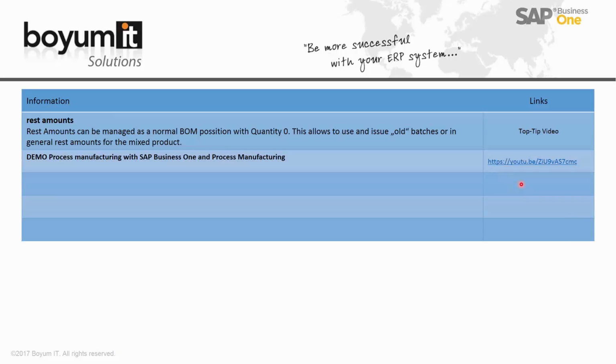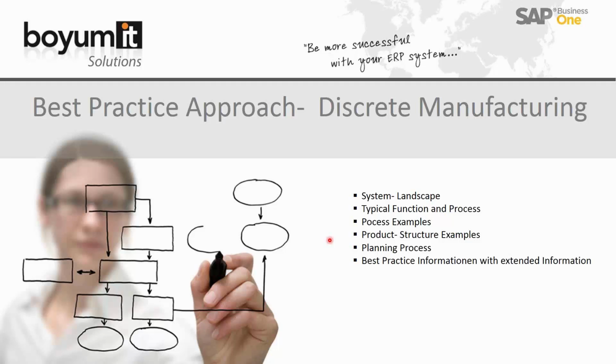Feel free, if you have time, to check this video and get an idea how to do a presentation with Beas when you have a process manufacturing industry you want to show. Okay, these are some slides for process manufacturing, and now we have, of course, the same for discrete manufacturing.